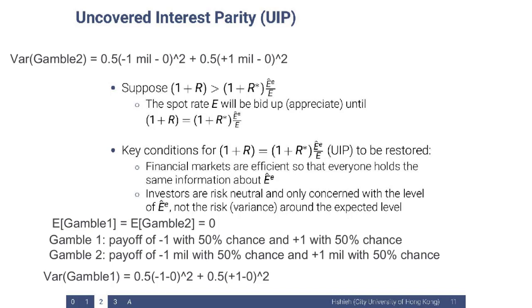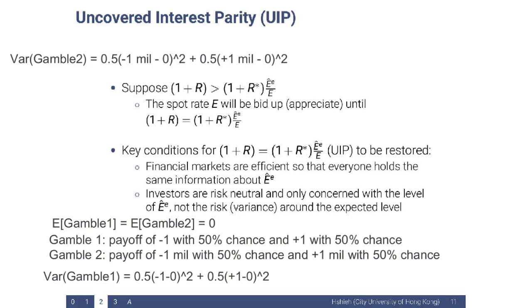Okay, so let me summarize again. What are the assumptions necessary, or sufficient, for us to use UIP as an asset pricing model to think about how E changes with respect to changes in R star, and other, maybe changes in expectations about, anyways, just changes in R and R star for now. Well, number one, you need risk neutrality.